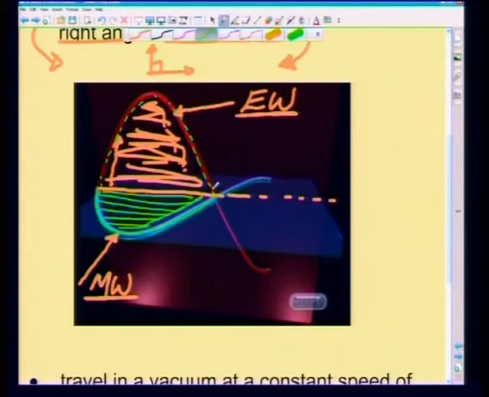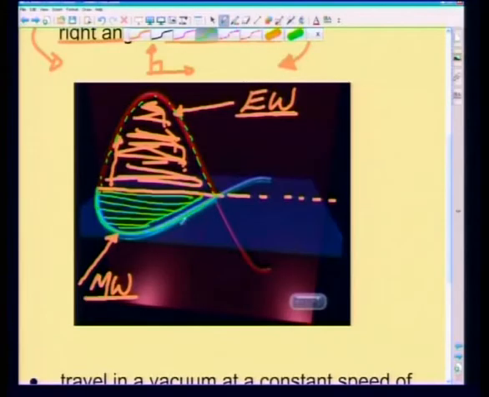Okay, so we need to know that these two electromagnetic waves vibrate or move against each other at right angle. So when you have your magnetic field wave moving in that way or towards you, the other one should be moving upwards. If that is the upwards, maybe it's something coming towards you, I can't draw it, but it's something like that. They are moving in directions such that they form a right angle between them.